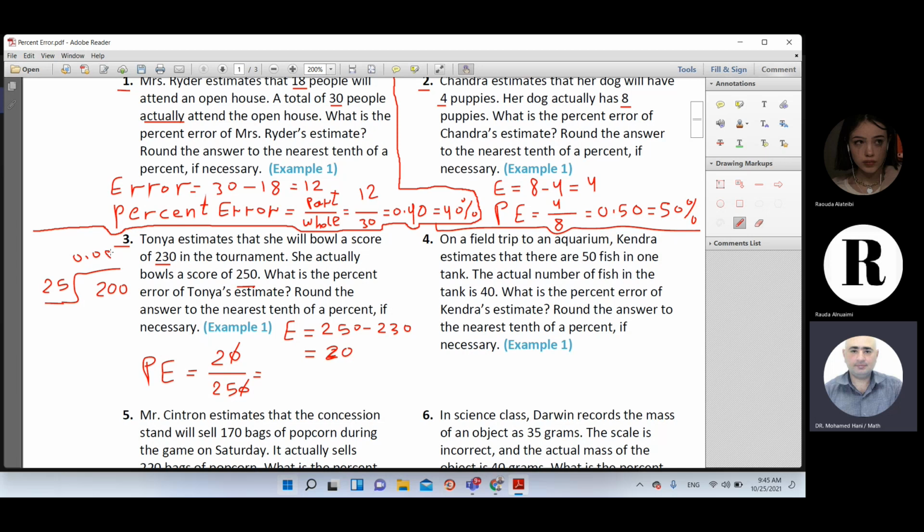So we can write here 8. 8 times 25 will be 200, so the remainder is 0. So the answer will be 0.08. We can change this decimal to a percent. We can write 8%.